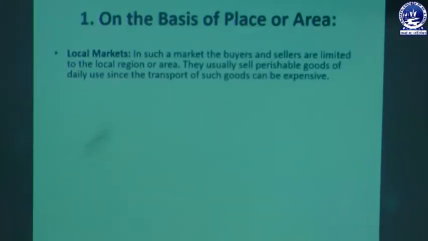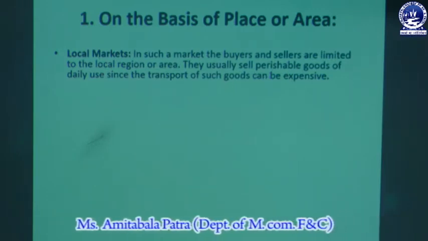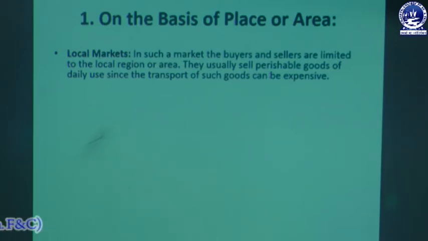If we see on the basis of place or area, the market could be, as we know, a local market. A local market is a market in which the buyers and sellers are limited to the local region or the area, and they usually sell perishable goods of daily use.